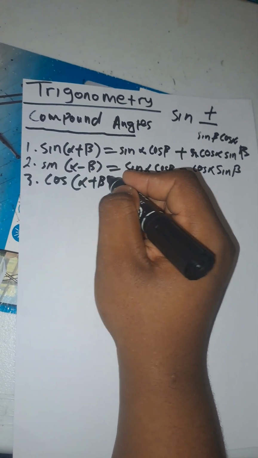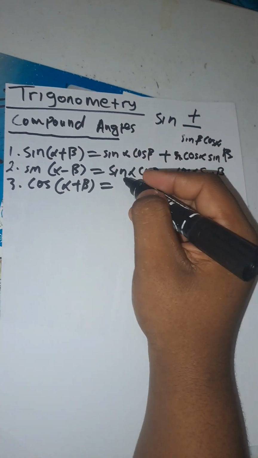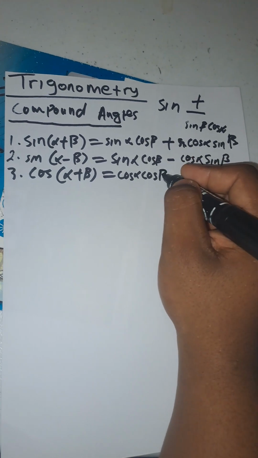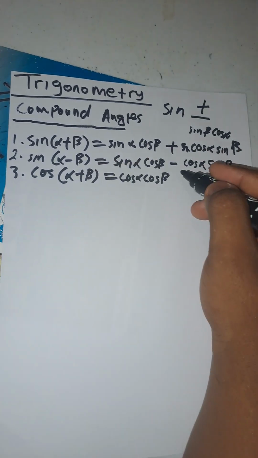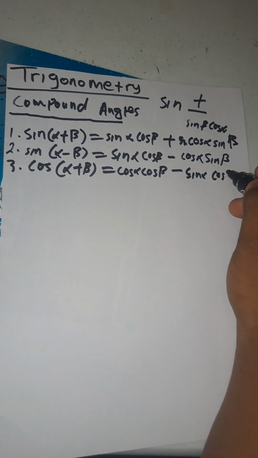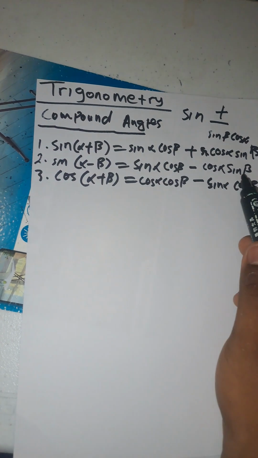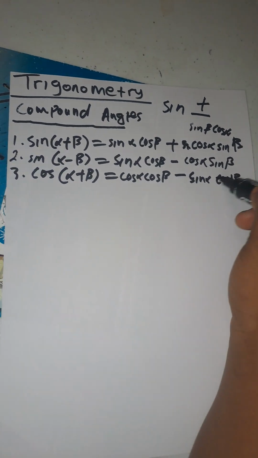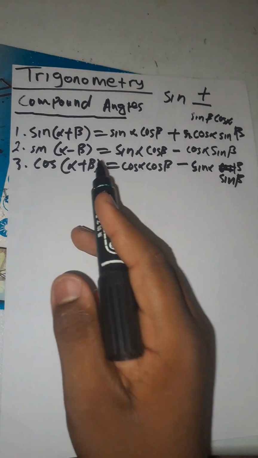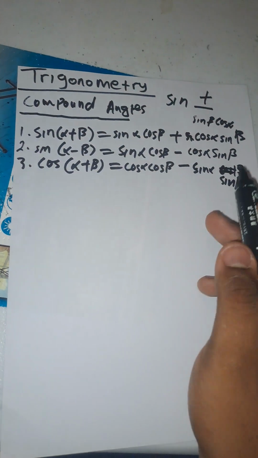So cos alpha plus beta is going to be what? It's going to be cos alpha cos beta. If it is plus here, you say minus sine alpha sine beta. Sorry, I made a mistake, sine beta. So for cos, this side is only cos, and that side is only sine.